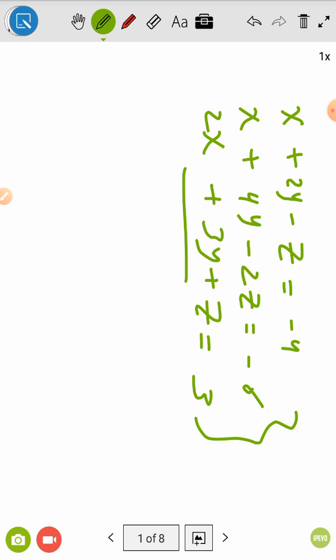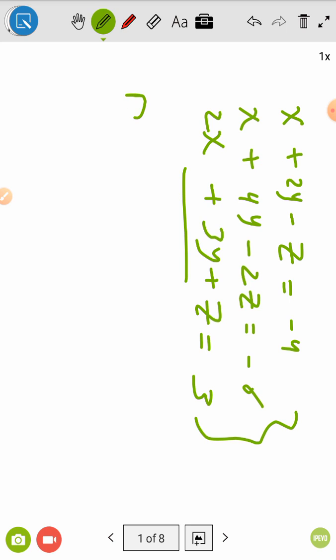As you see, here are three equations in three variables x, y, and z. Cramer's rule depends on how to get the determinant of the variables.